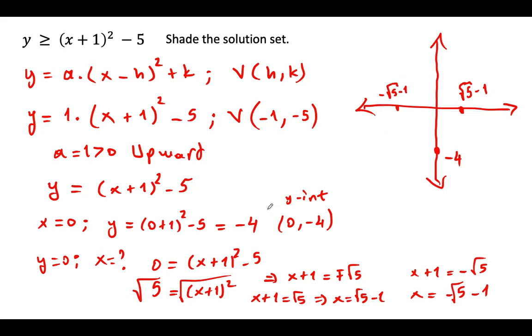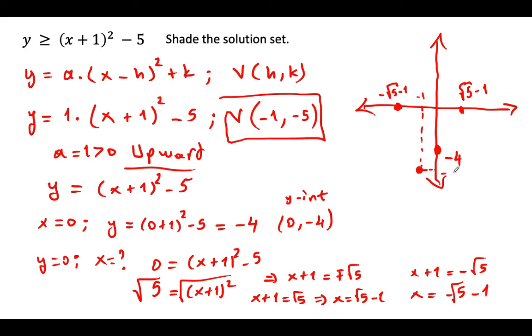Okay, and we said that this is upward, so it will go up. This is not the vertex, this is just the y-intercept. The vertex, I think we know, was here. So the vertex is (negative 1, negative 5), which is here.